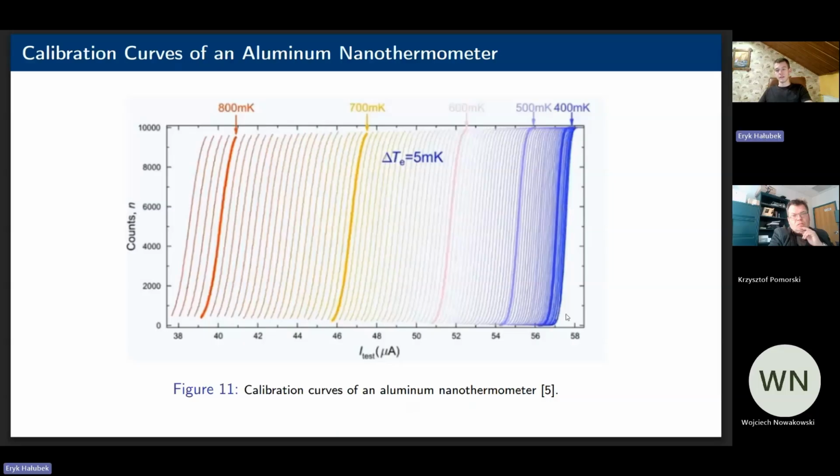So let's say 400 and 57, 50 something, 57 something microamperes for the same 50% probability.